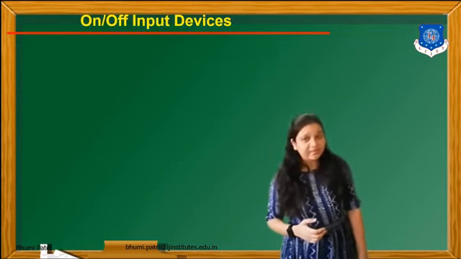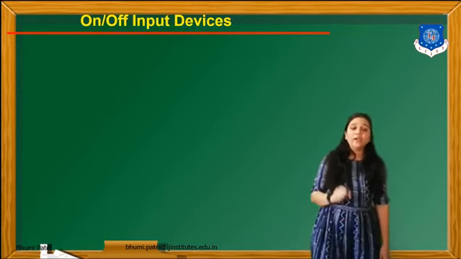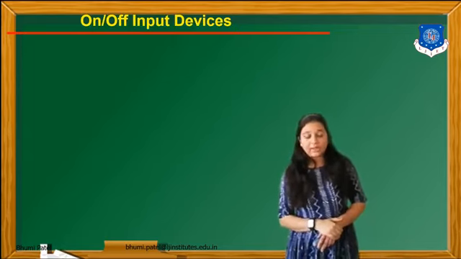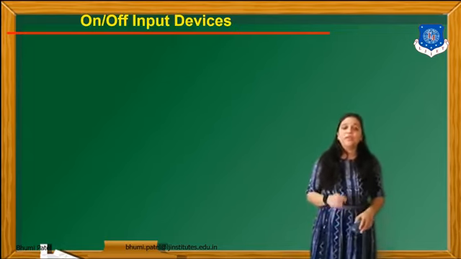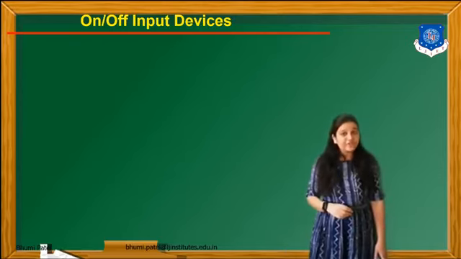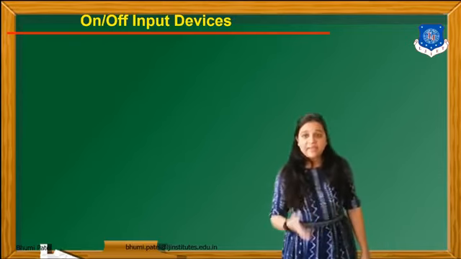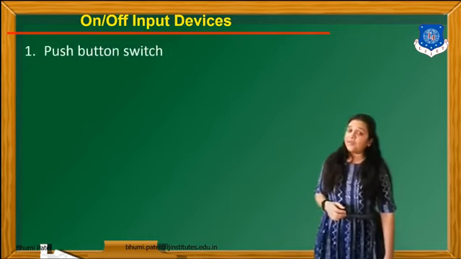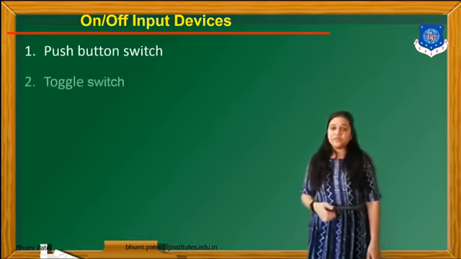The next one is the on-off input device. We can connect only a switch to the input terminal: if we turn on the input, the output must be on. So which type of input device is there for on-off applications? The very well known one is the push button switch.